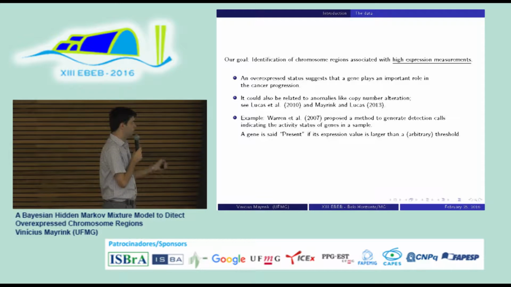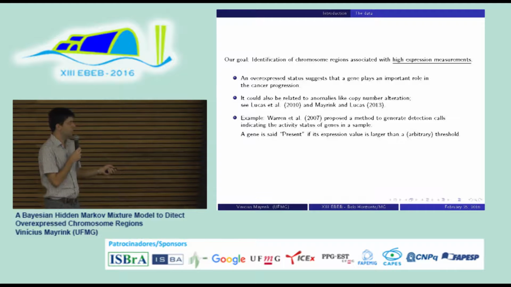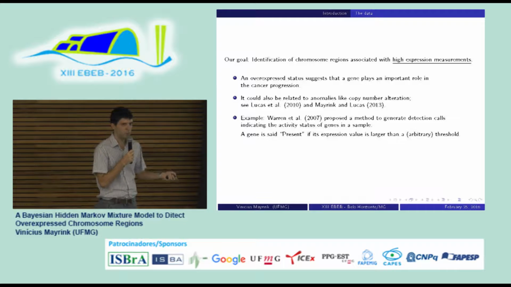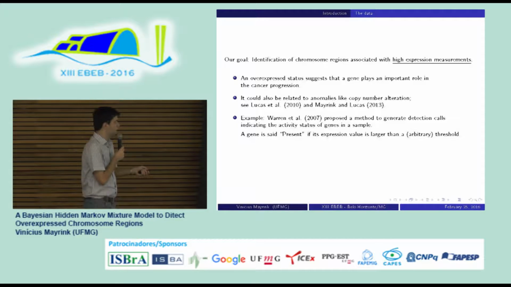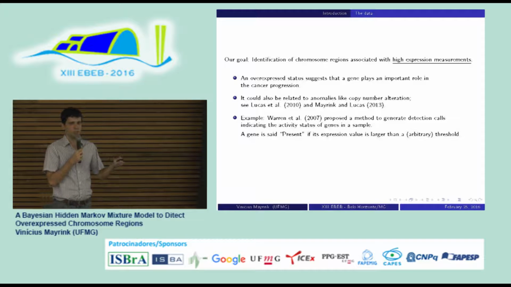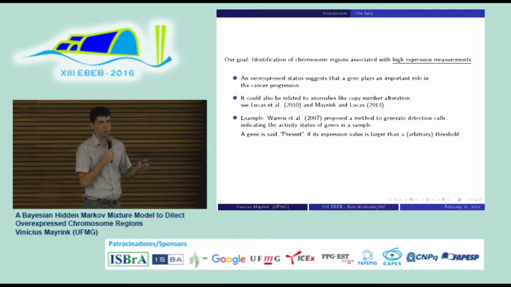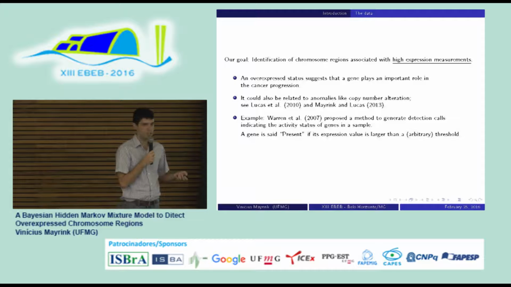So this is our goal. We want to identify chromosome regions associated with these high expression measures. So I highlight the high expression measures, why we are so interested in that. Overexpressed status suggests that the gene plays an important role in the cancer progression.